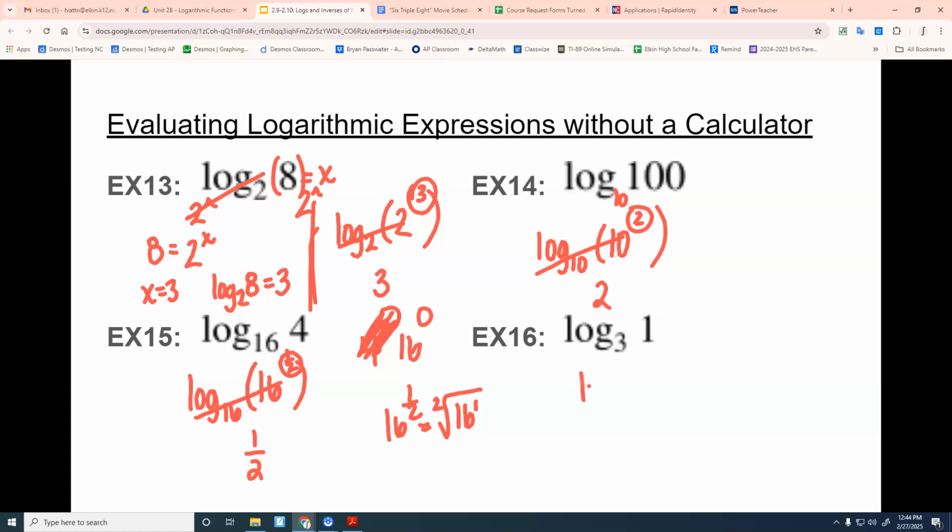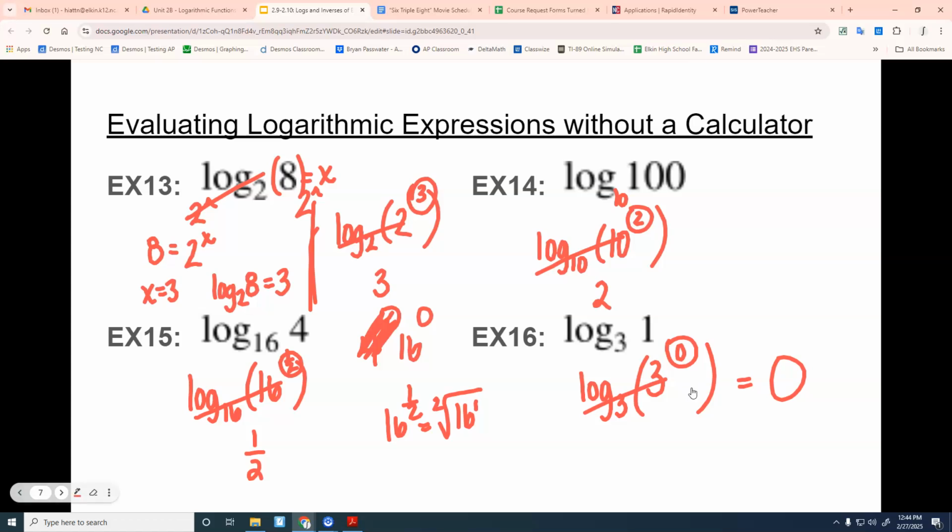Here, I've got log base 3, and I need it to be 3 raised to some power right here. What is supposed to go there? 0. Right? Because the only way you can get 1 is if you raise something to the 0 power. So those cancel. I just get 0.